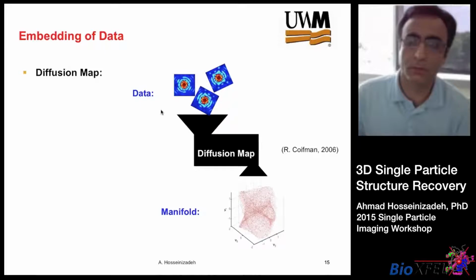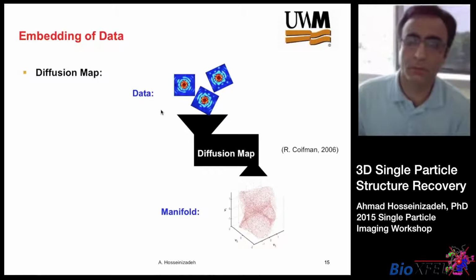Okay, let's do an embedding together. We put the diffraction patterns into the diffusion map machine, and we get the manifold. Every data point here is just one diffraction pattern. So one diffraction pattern will be 1 point here. I won't go into too much detail of that. After embedding, we should consider at least 13 eigenvectors, because we had 13 symmetrized Wigner D functions, but we cannot show them in 13-dimensional space.